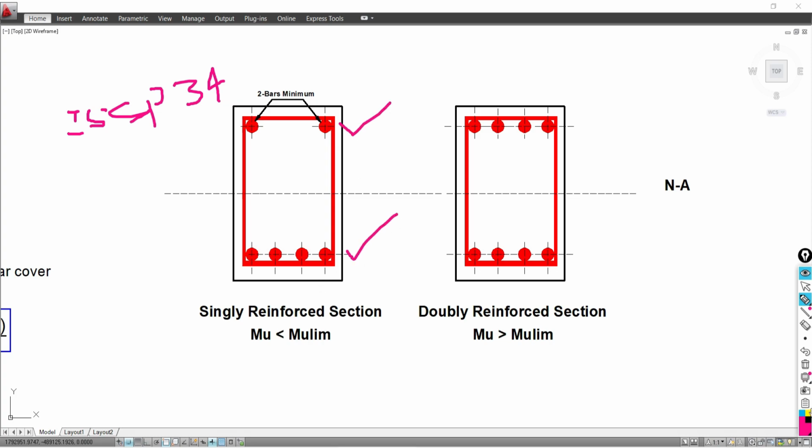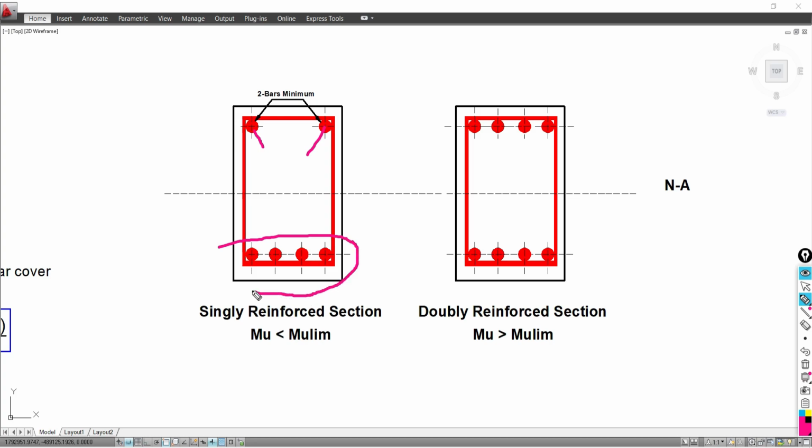So actually there is a presence of 2 bars just to satisfy the minimum requirement. It is not the design requirement to provide these 2 bars. And at the bottom face, this is the design requirement. This is the main reinforcement required, and accordingly we have provided it at the bottom. So this is called a singly reinforced section.